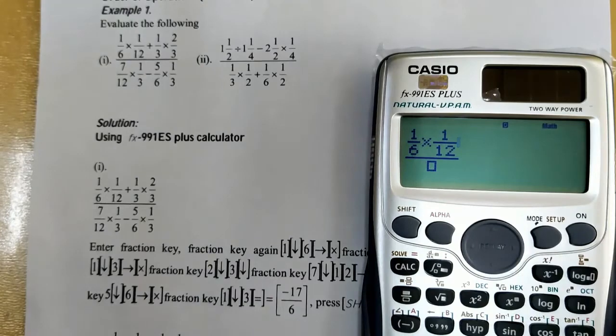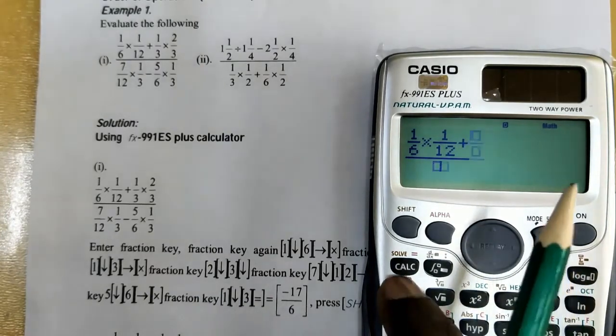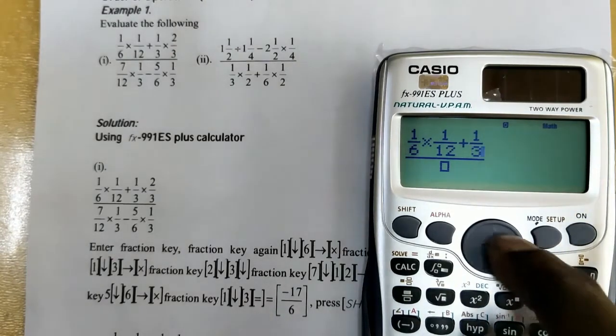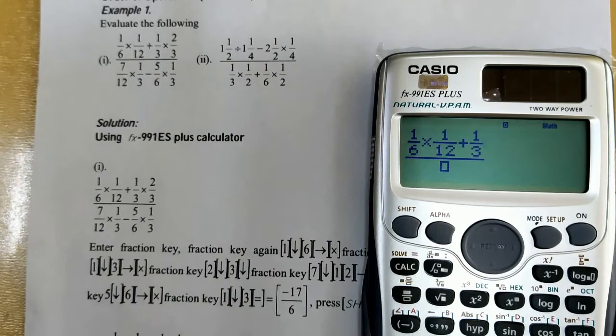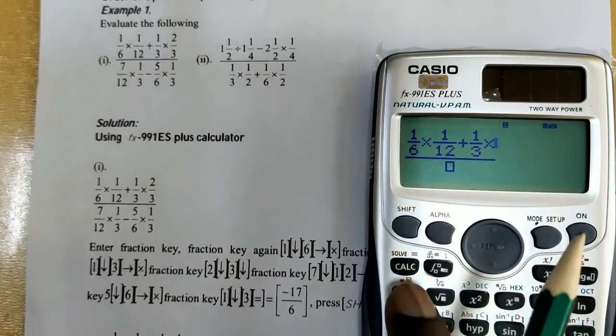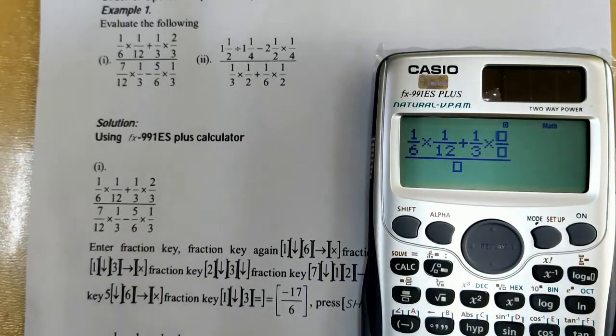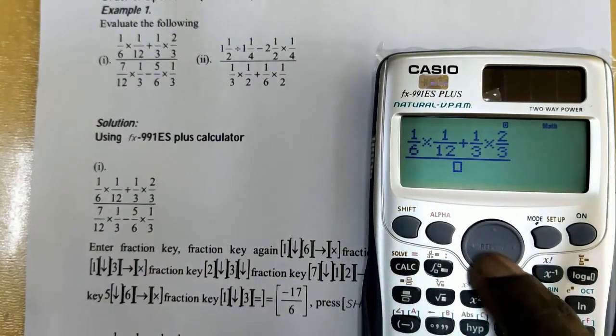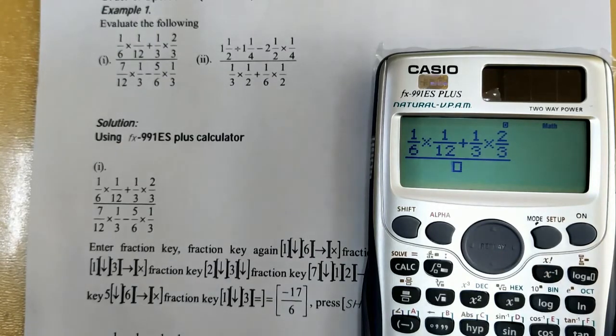Then right replay key, fraction key, 1, replay key down, 3, right replay key, times fraction key again, 2, replay key down, you have 3.